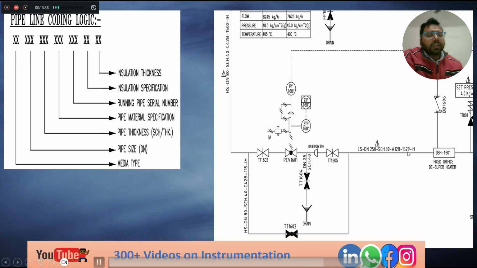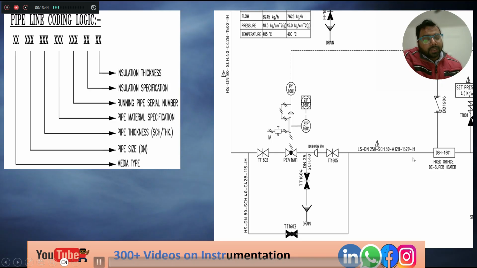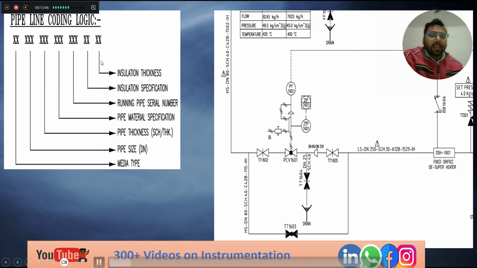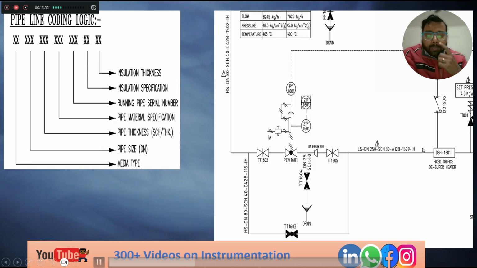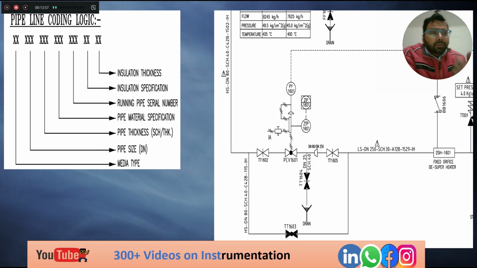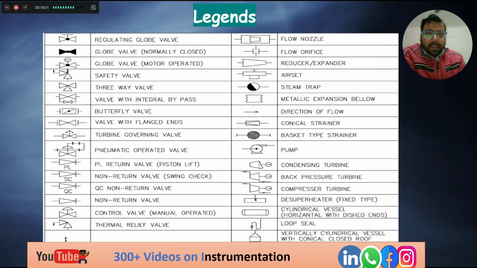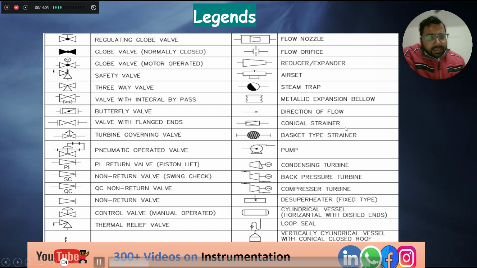It represents a kind of location or a particular equipment's piping, so that during erection it can easily be identified. The next group of letters represents either the insulation specification or the insulation thickness. IH will show how much thickness and what kind of insulation you can use in a particular line. That is the legends I am talking about.